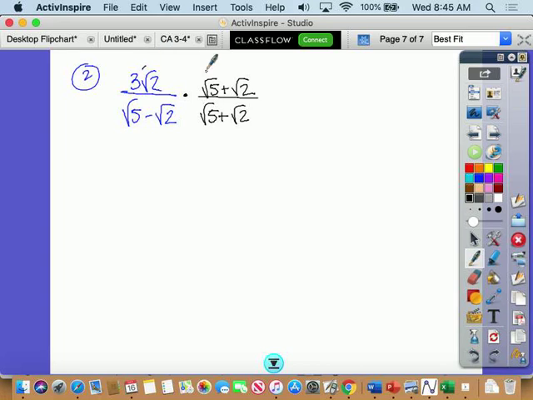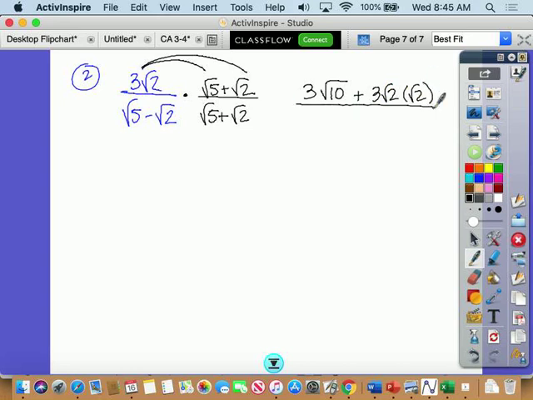3 square root of 2 times square root of 5. The numbers on the outside, just 3. Numbers on the inside, square root of 2 times square root of 5 is square root of 10. Then we do 3 square root of 2 times square root of 2.